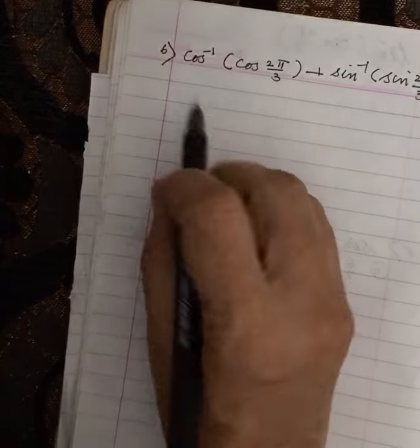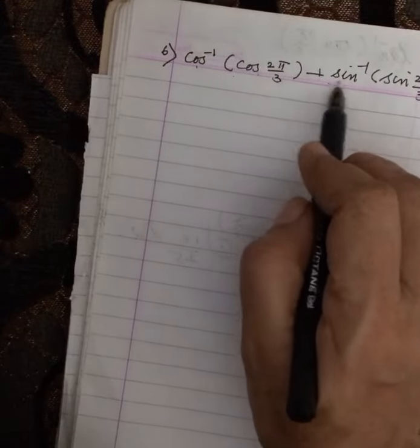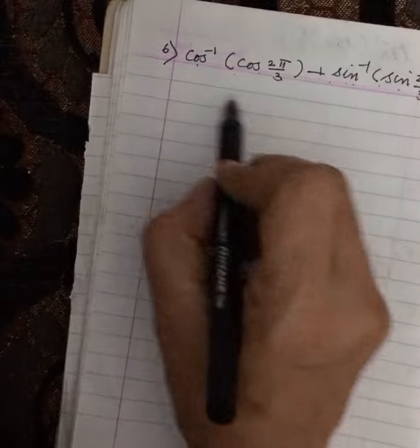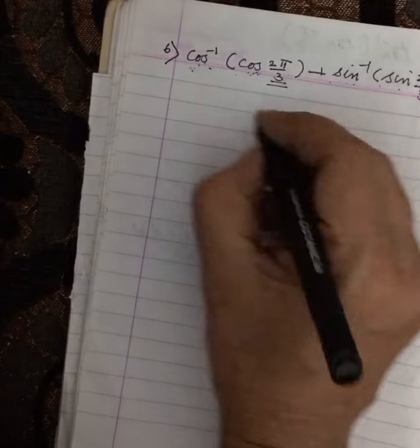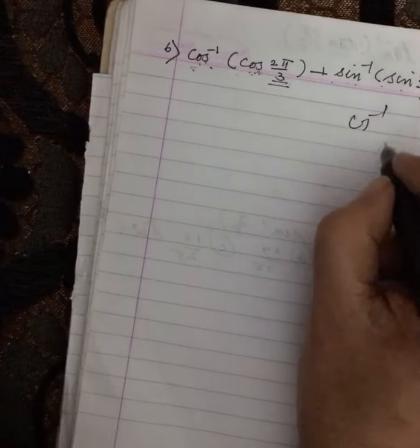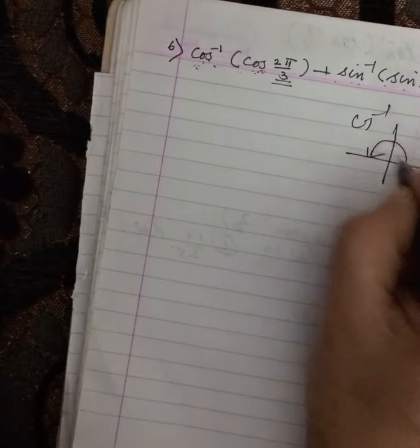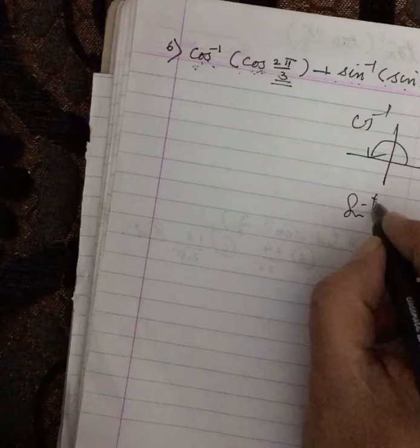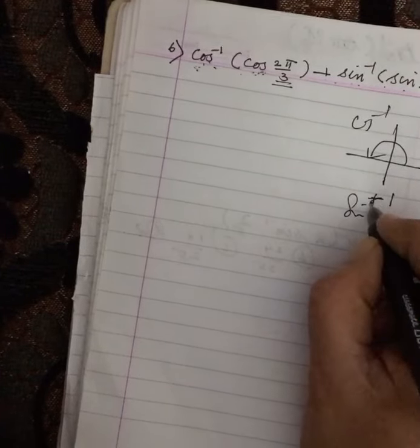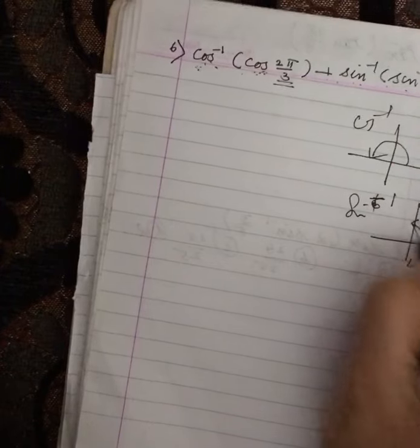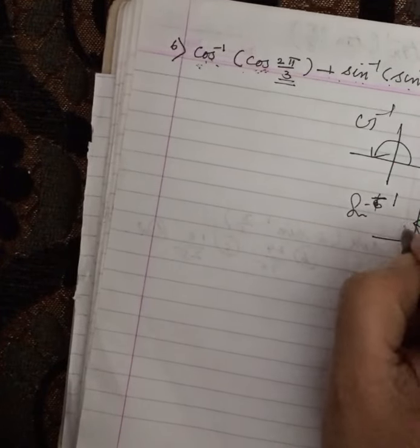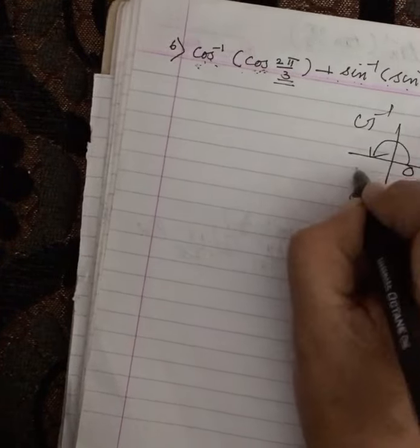Here is cos inverse cos 2 pi by 3 plus sin inverse sin 2 pi by 3. So cos inverse cos will get nullified only if this angle comes in the principal value branch. So cos inverse means immediately you draw this. Sin inverse means you will draw this, minus pi by 2 to plus pi by 2, here 0 to pi.